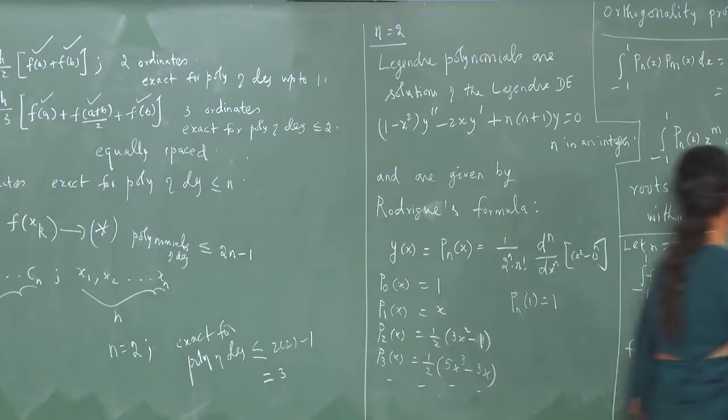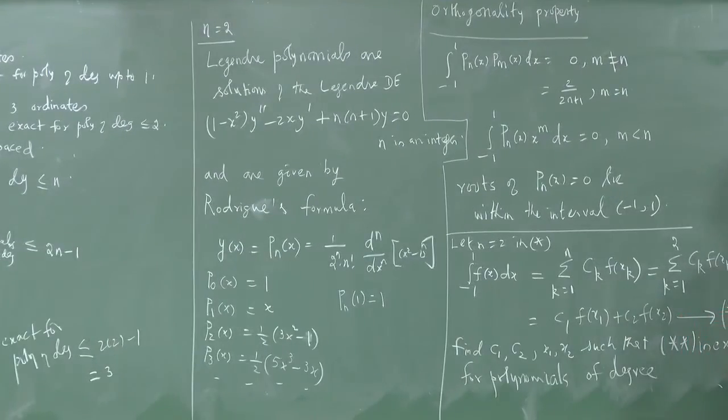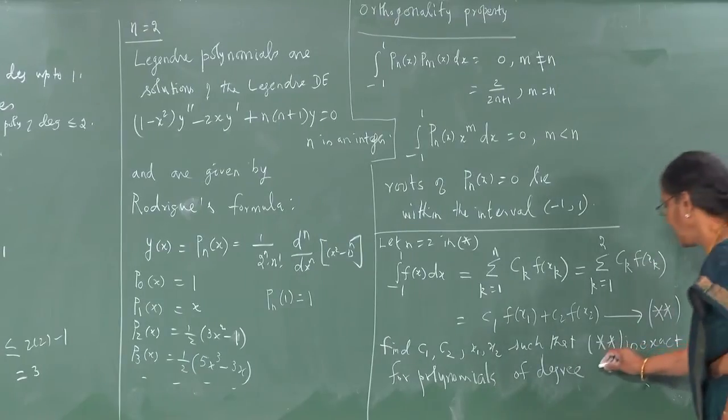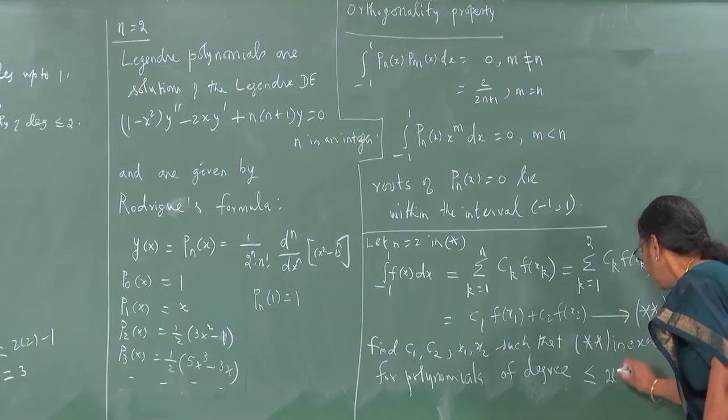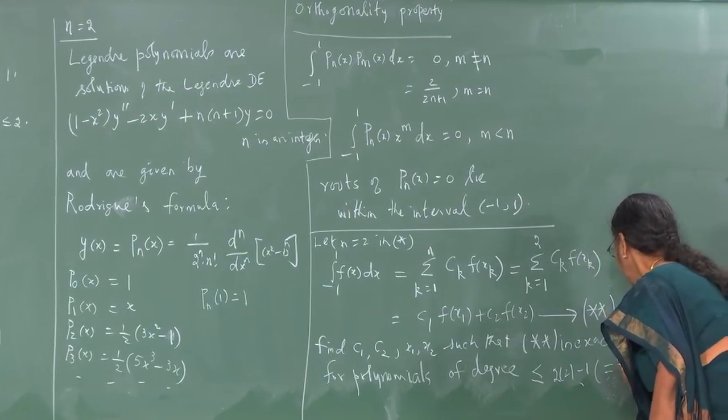So, here we determine these unknowns in such a way that the method is exact for polynomials of degree less than or equal to 2 into 2 minus 1, namely 3.